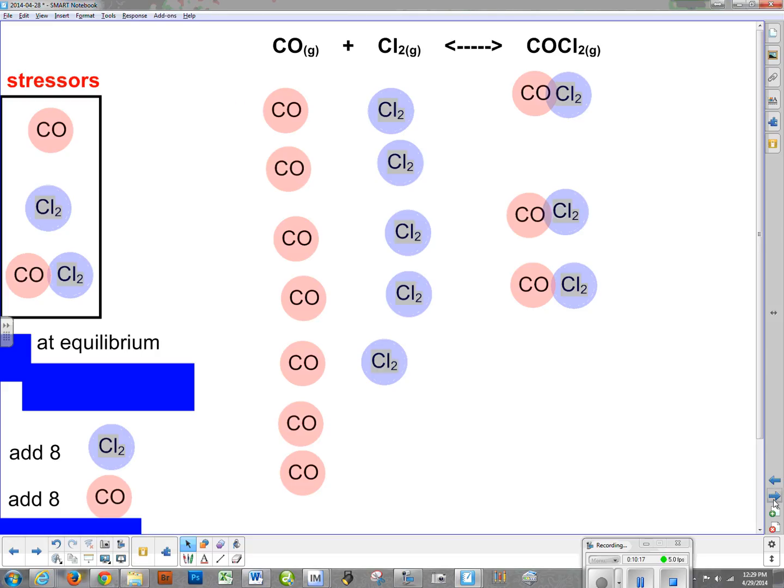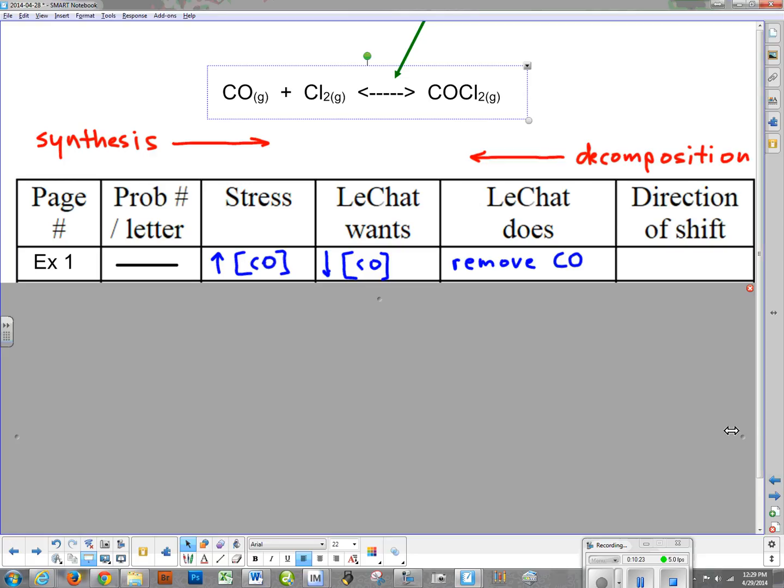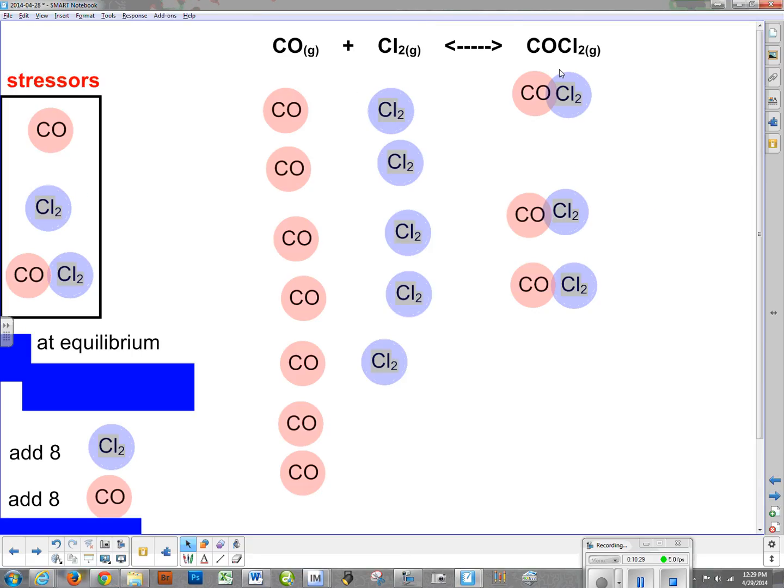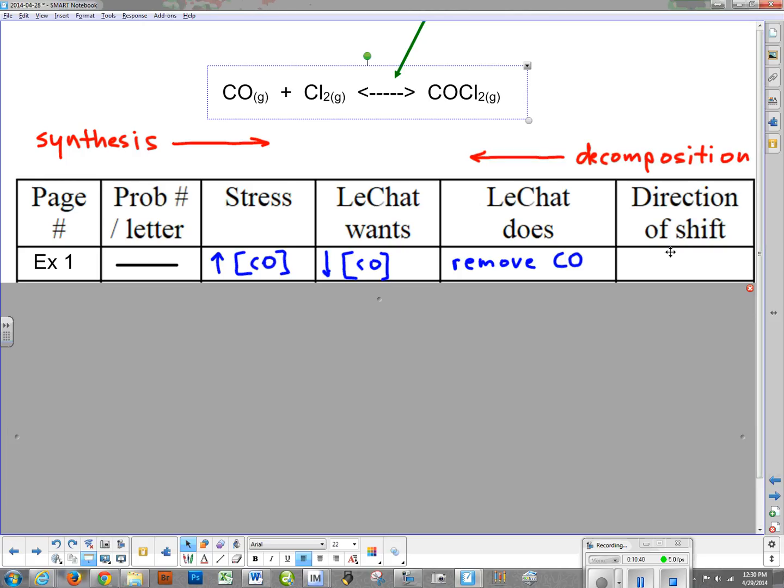You can run this video back, and you can watch that process again. But right now, he did his thing, he removed it, and the way he removed it was by making this reaction shift to the left. So we got ourselves a left-hand shift. And that's what it's all about. So over here, we're going to go ahead and put in the shift is going to be to the left.